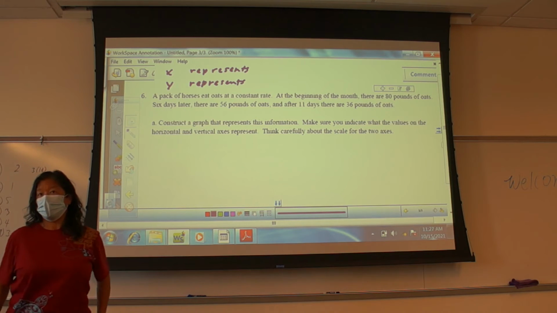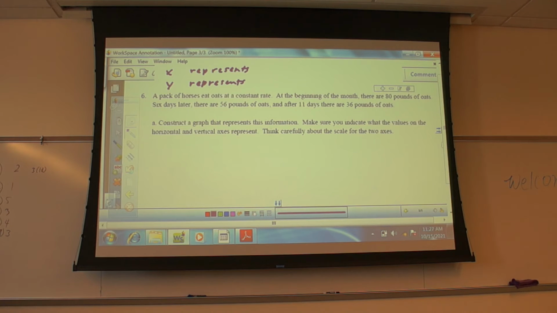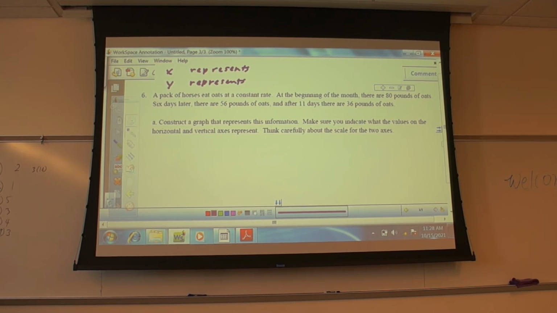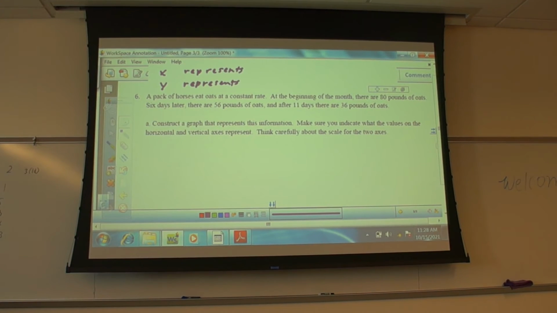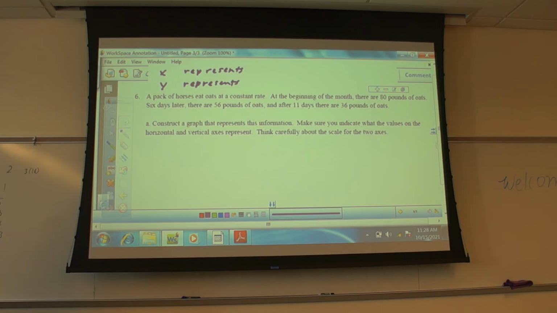So everybody take 15 seconds, figure out what two things vary in this problem, and which one should be x and which one should be y. Changes. Pounds of oats. Great. Alex, give me another thing that changes.